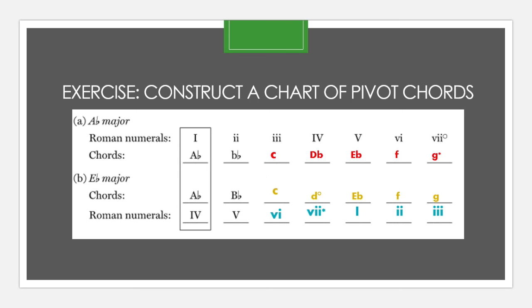So the common ones, obviously, we have the 1 and 4 chord, and then the 3 and 6 chord, and then the 5 and 1 chord, 6 and 2 chord.